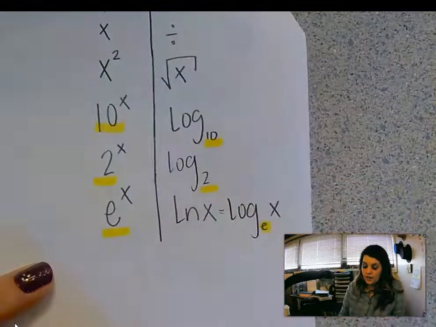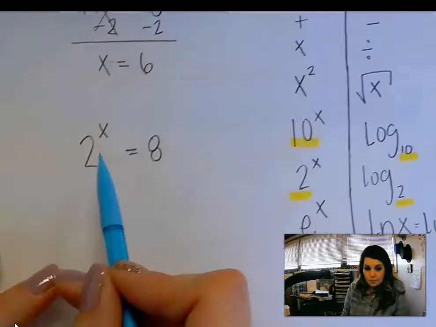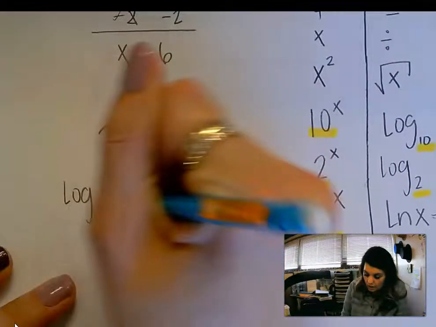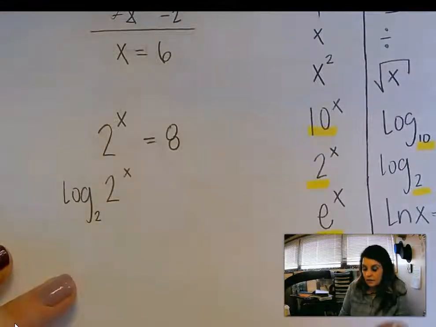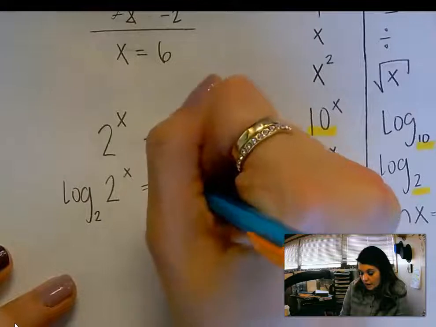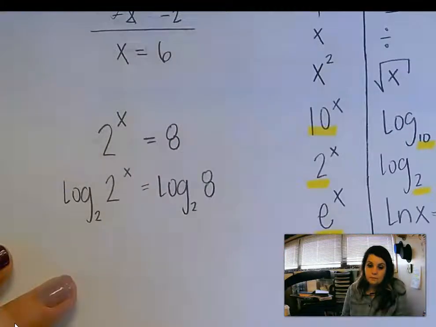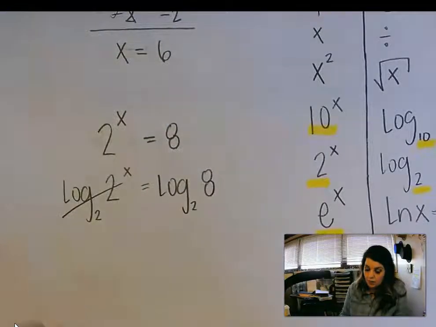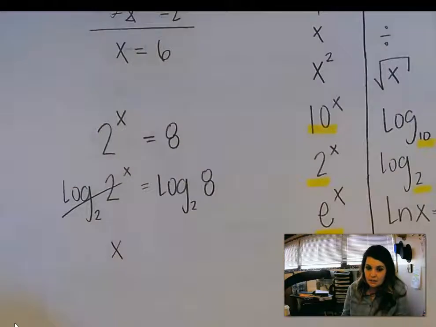So over here, if I want to get rid of this 2 as a base, what I say is log base 2 of 2 to the x equals log base 2 of 8. These now go away. And what you're left with on the left-hand side is x.